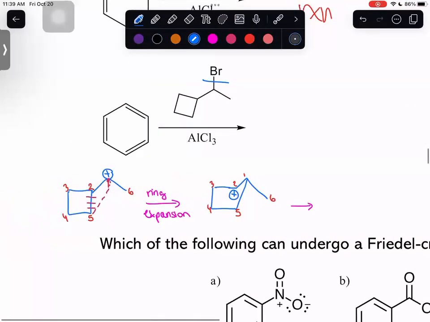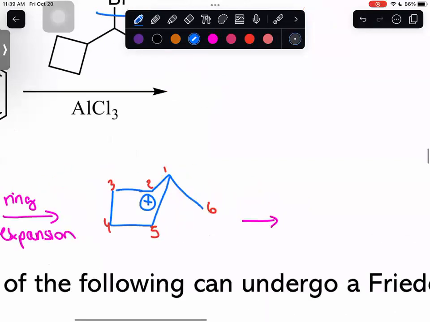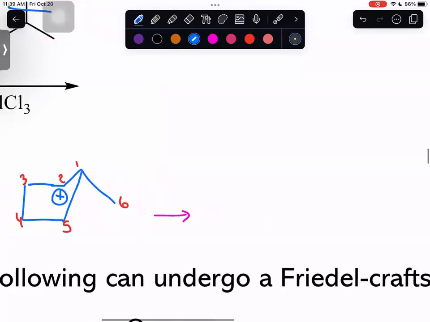It's drawn oddly so you can keep track of the bonds, and that's it. But I'm going to redraw it the actual way, which is going to be your normal cyclopentane. Again, this is just for your benefit. If it confuses you, scratch it off. That's it. In practice it's going to look like this. Carbocation there first.